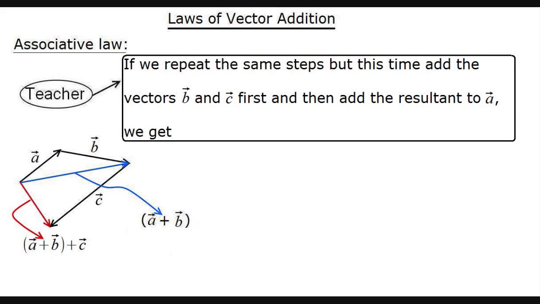If we repeat the same steps but this time add the vectors b bar and c bar first, and then add the resultant to a bar, we get the same result.